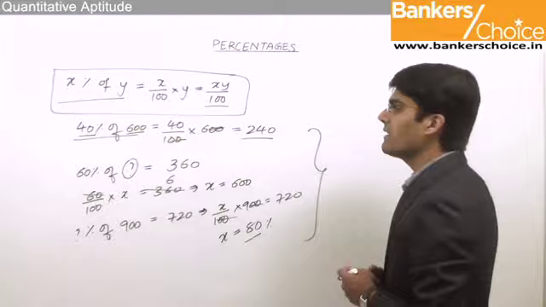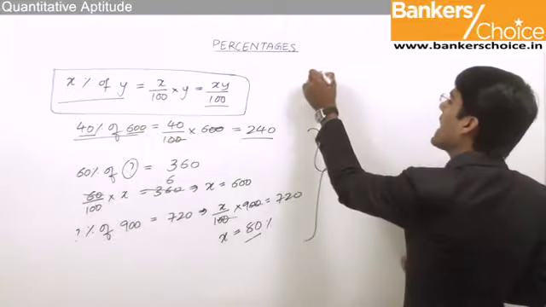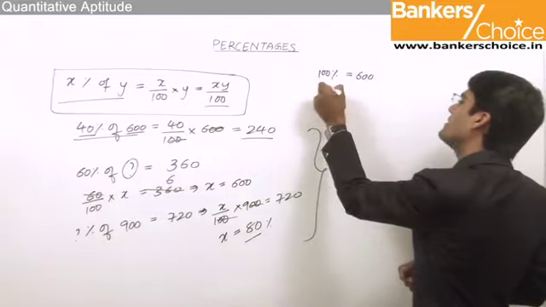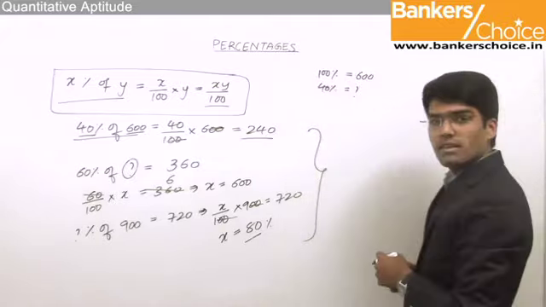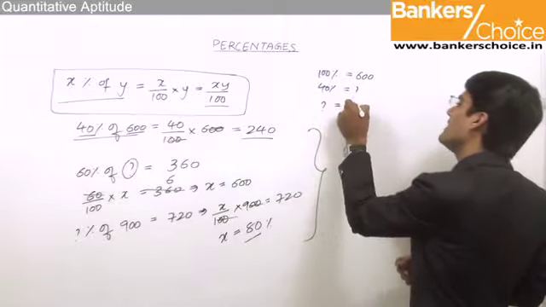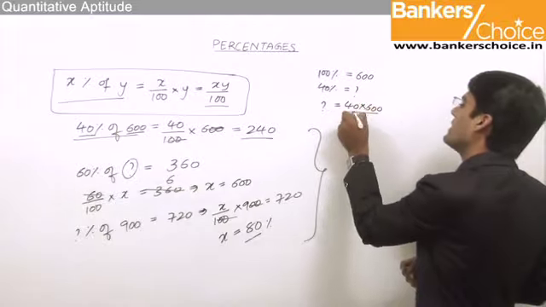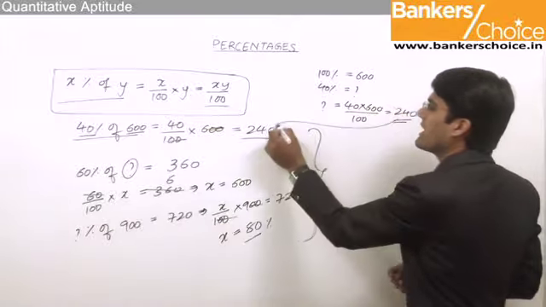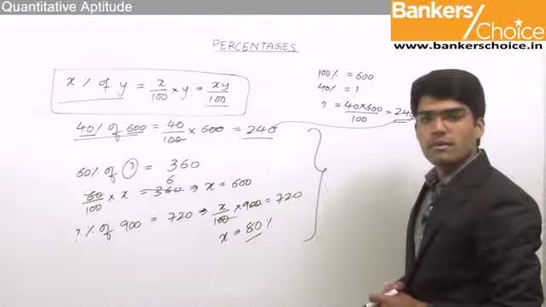So instead of doing the calculation in this way, we can say that 100% is equal to 600. So 40% will be equal to what? Now by cross multiplying this, we can find out the answer as 40 into 600 by 100, which is equal to 240, which is equal to the answer that we have obtained in the given equation.